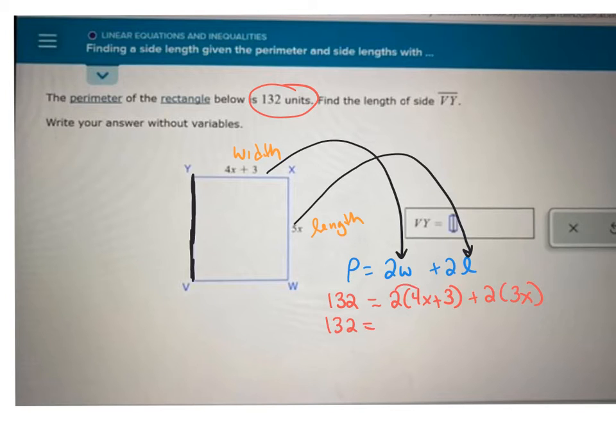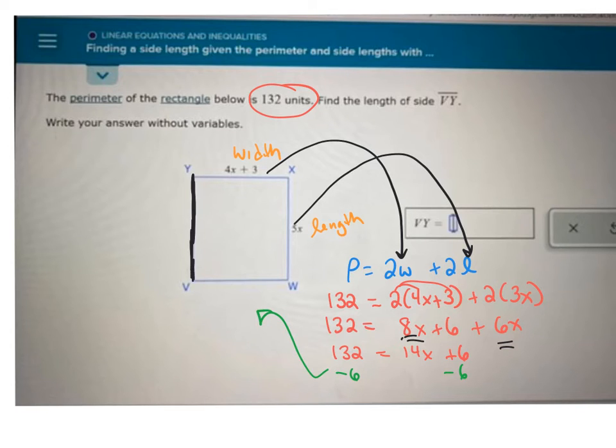So we have 132. We'll distribute the 2 here. So we get 8x plus 6. And then 2 times 3x is just 6x. I can put the 8x and the 6x together. That'll give me 132 equals 14x plus 6. I'm going to subtract the 6 from both sides.